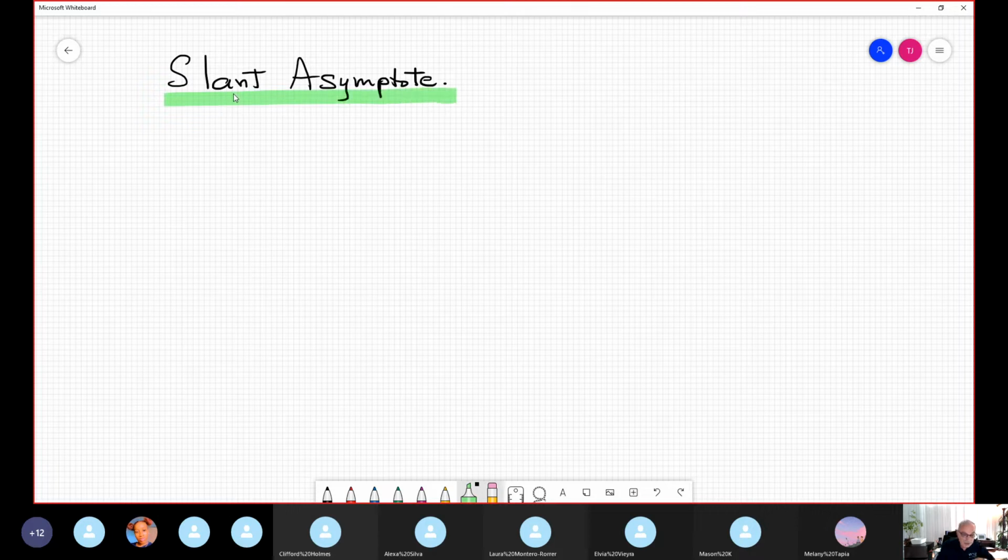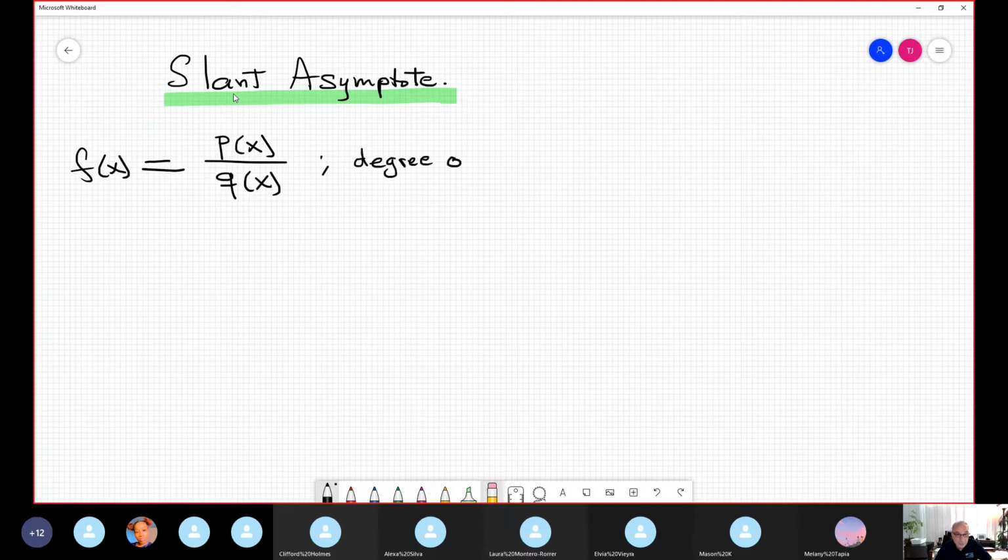Well, you have a slant when the degree of the polynomial in the top, so remember P and Q, this is our typical format for the rational function, f of x, division of two polynomials. However, the degree of P, the numerator, is greater than the degree of Q, but greater by only one unit.